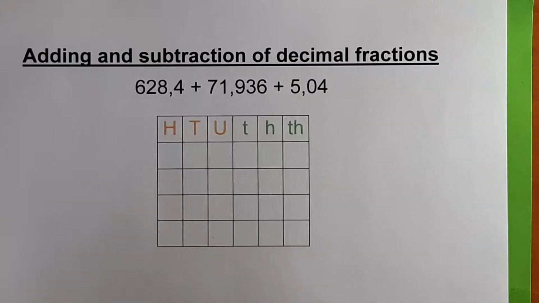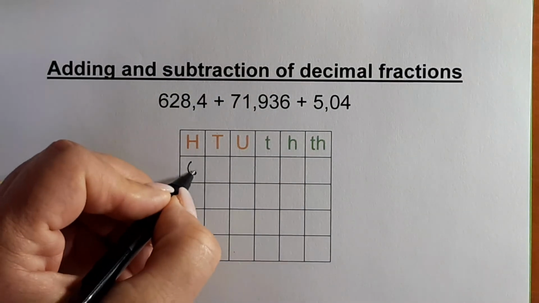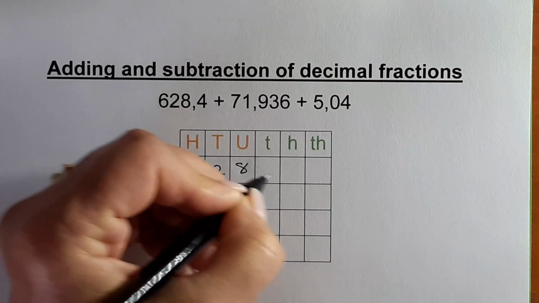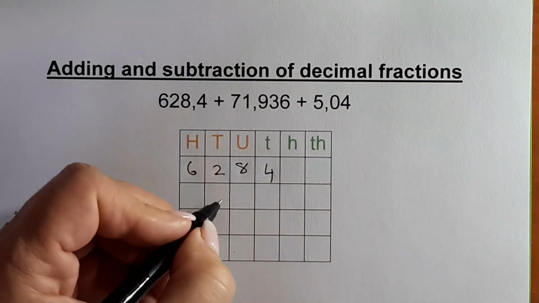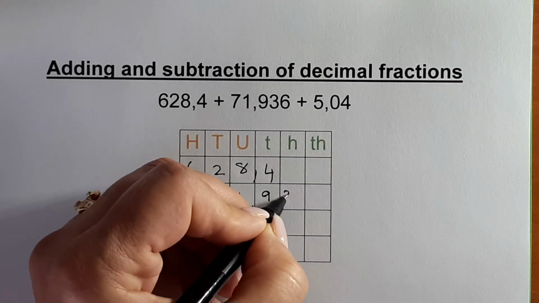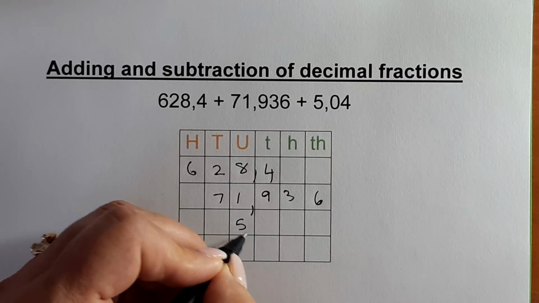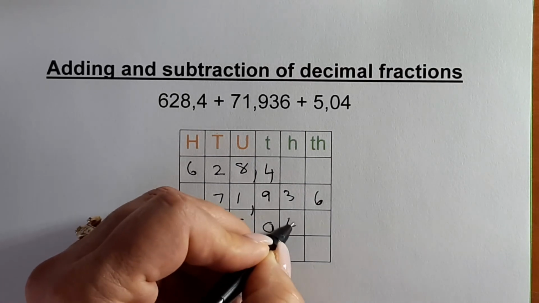When you add and subtract your decimal fractions, it's important that you put your commas underneath each other. So you have 628,4. This one is 71,936. And it is 5,04.